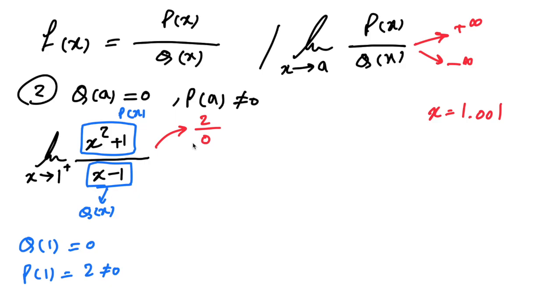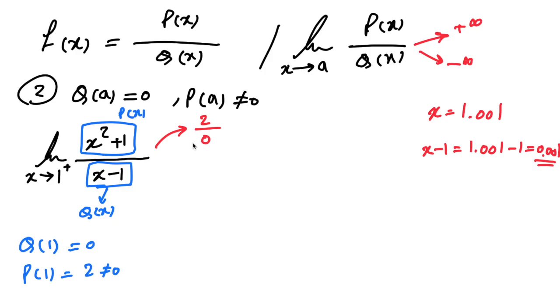So now if we find x minus 1, it's going to be 1.001 minus 1, and it is 0.001. So you can see it's a number so close to 0, but it's not 0.